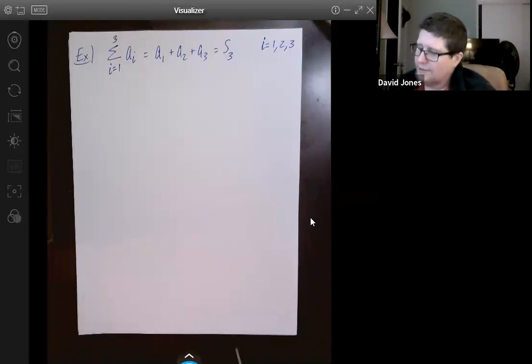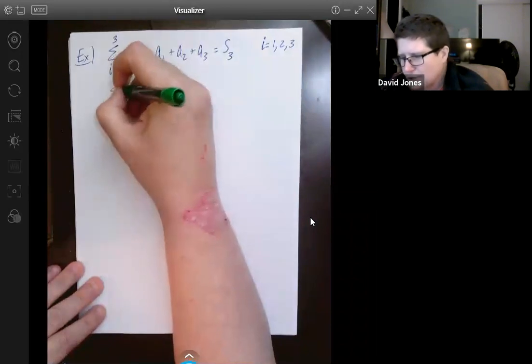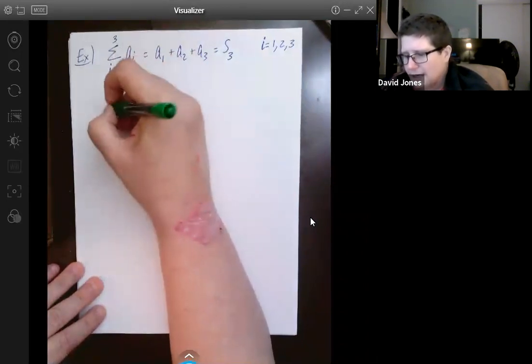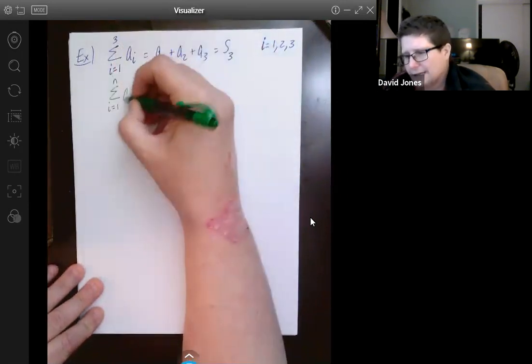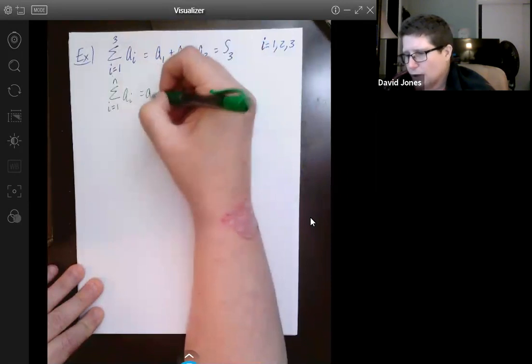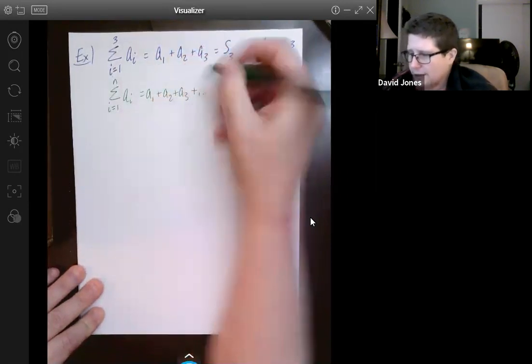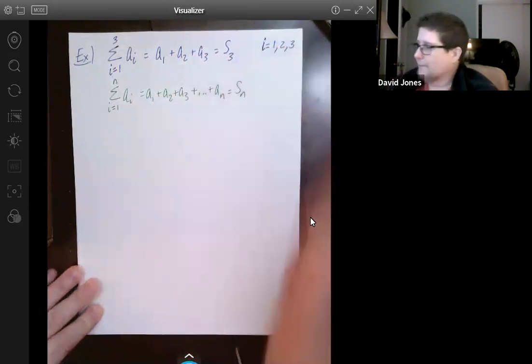And so if we have something going to the nth one, usually we don't put n here because n is our resulting number. If i equals 1 to n of A sub i, we've got A sub 1 plus A sub 2 plus A sub 3 plus dot dot dot plus A sub n. That's S sub n.